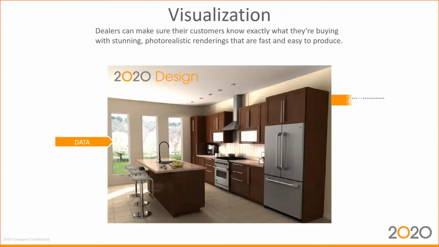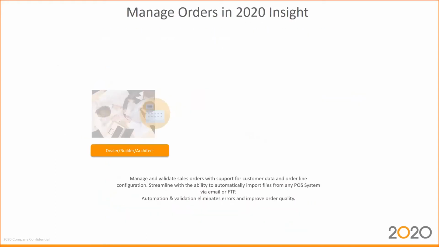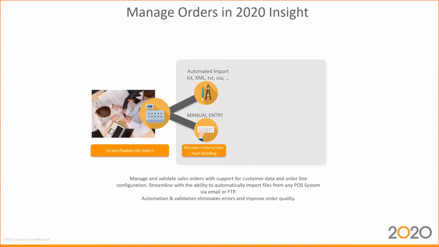So once we have that job, either a kitchen or an office or anything else, in either of 2020 tools or in a third-party tool, we have the possibility of automatically importing it into our 2020 Insight ERP system.